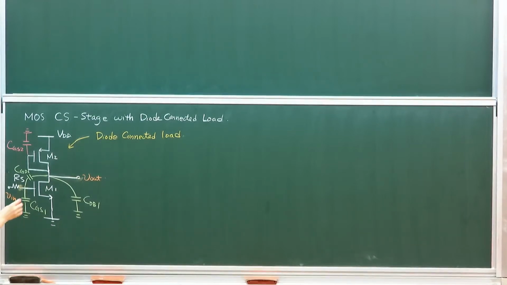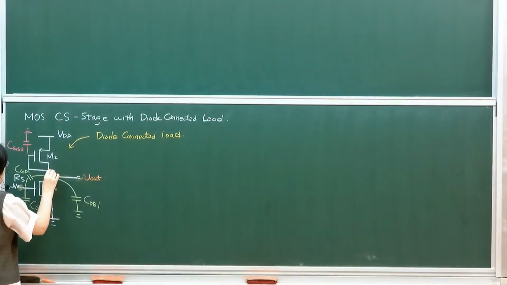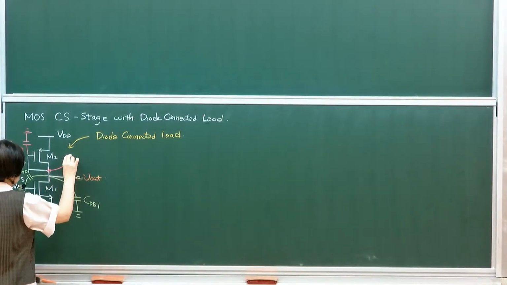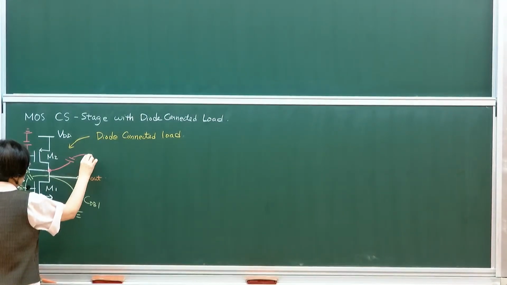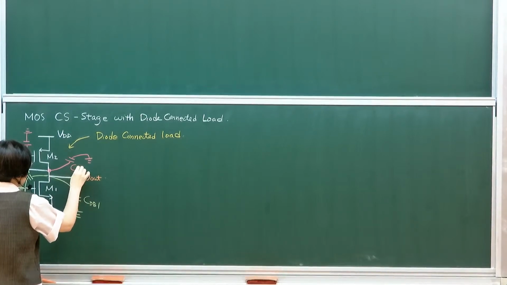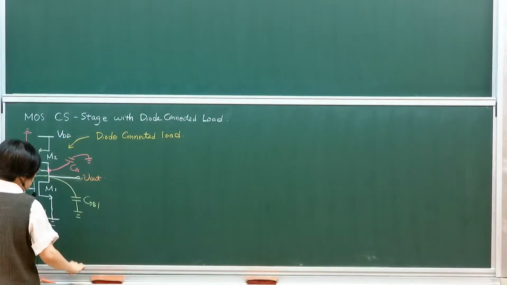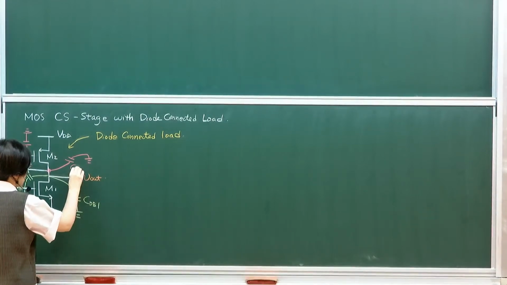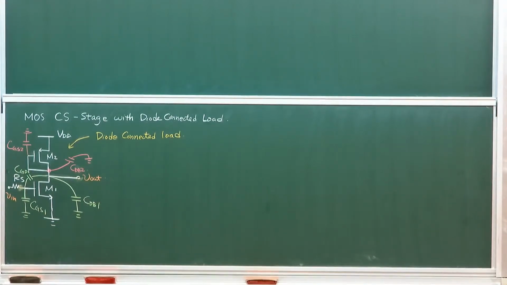And then this is also the drain junction. The drain junction will still have a CDB, drain to body, number 2. Okay? So I'm not going to do the equivalent circuit.